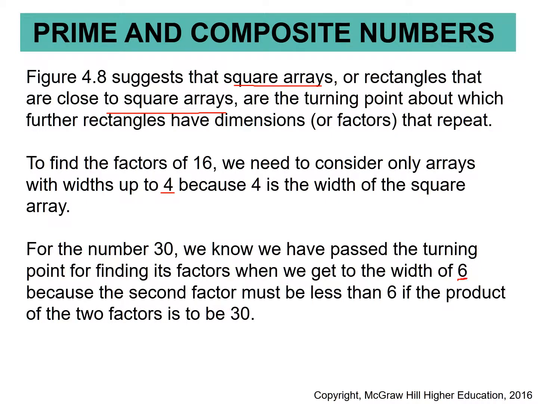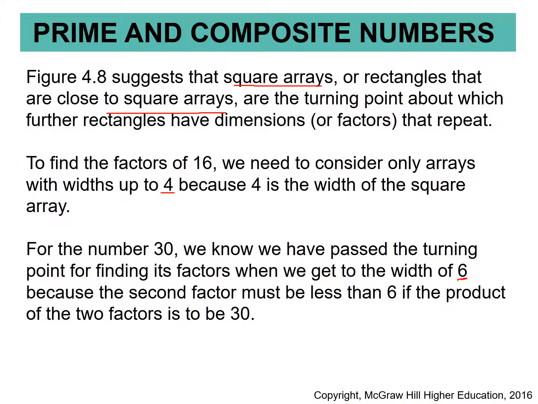because when I have that repeated rectangle, a 5 by 6 and then a 6 by 5, I want to include the 6. I don't want to skip it as one of the factors. What I would find out is that if I squared 6, I get 36, which is close to 30.